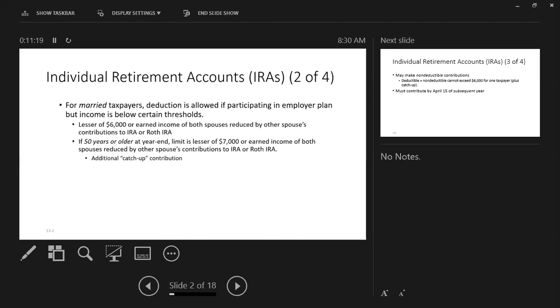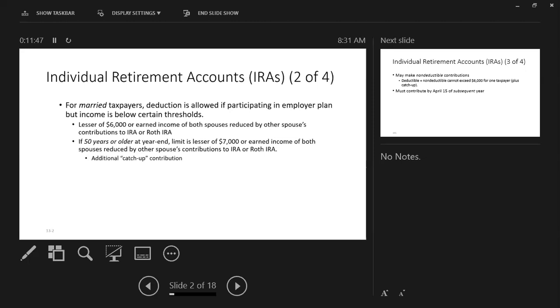Assume Tina is married, files a joint return with spouse Steve. Tina is a participant in the 401(k) plan and receives $60,000 in salary. Steve is a full-time student and is unemployed. Assuming the couple's MAGI is $60,000, what is the maximum deductible IRA contribution that could be made for the year?